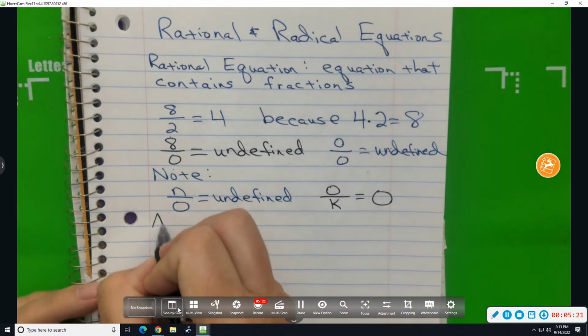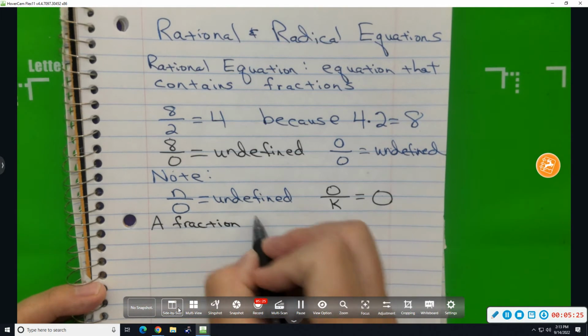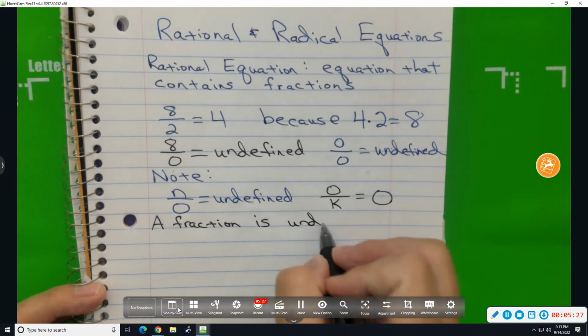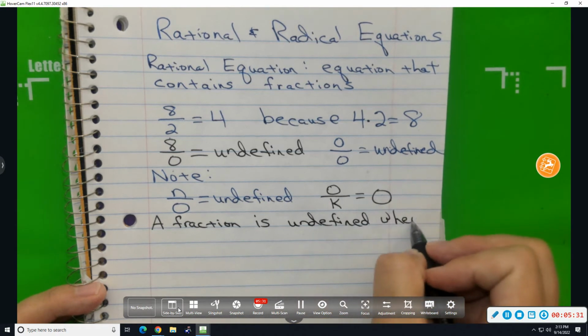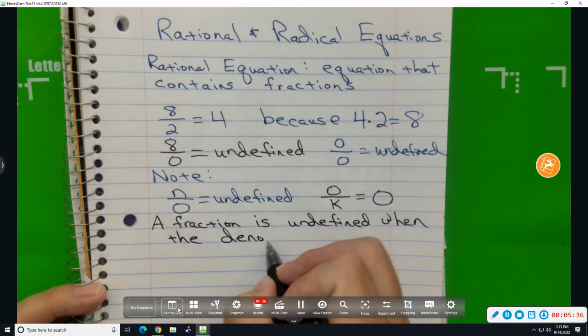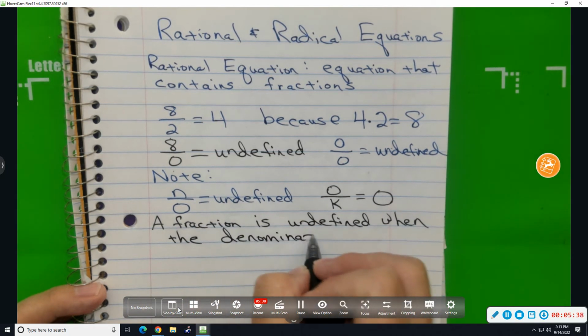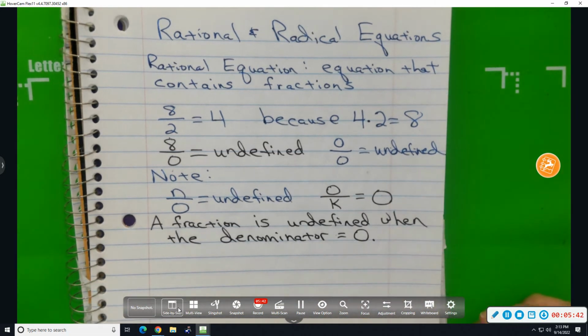So I'm going to write that out. A fraction is undefined when the denominator is equal to 0. The first couple of problems in this assignment, they're not asking you to solve the equation.